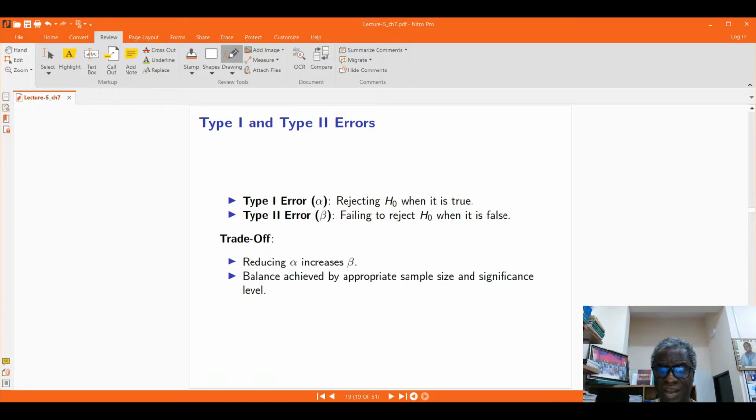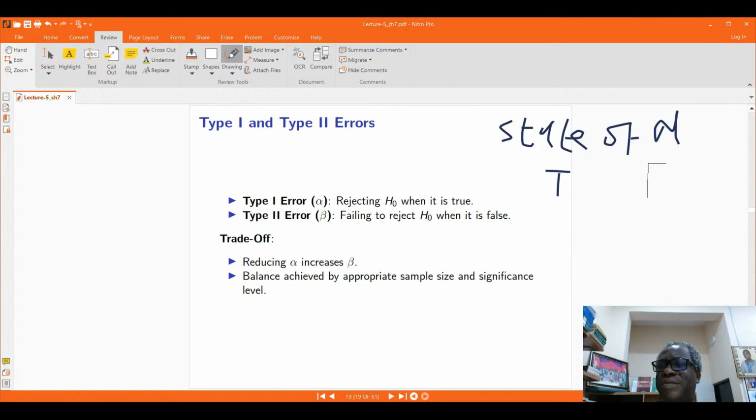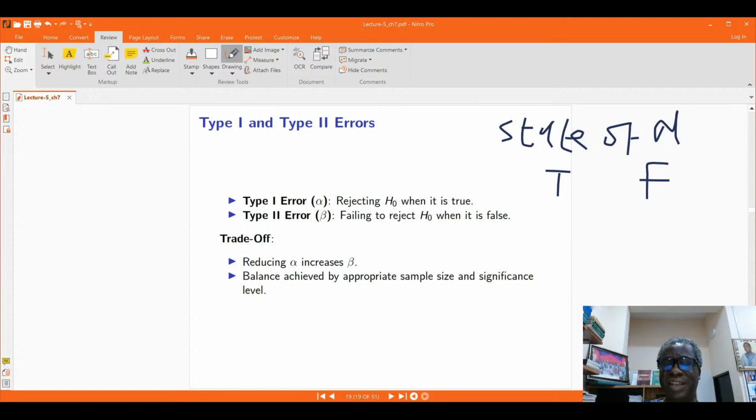Generally, you have the state of nature, which may be true or false, and your conclusion could be true also or false.